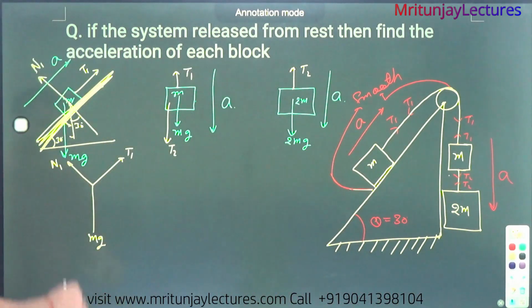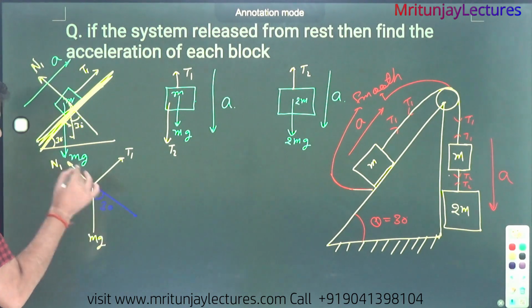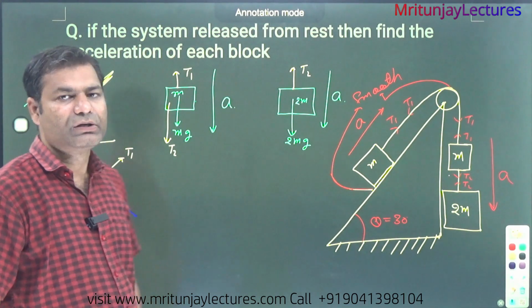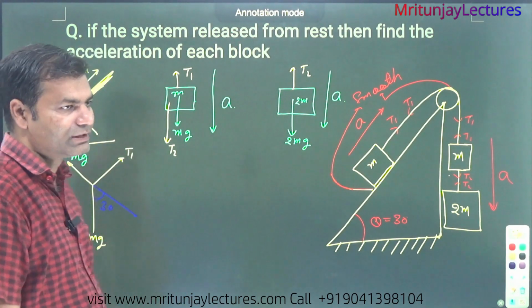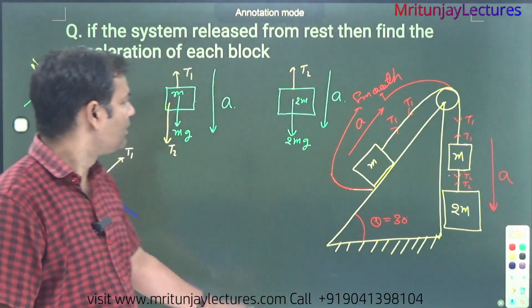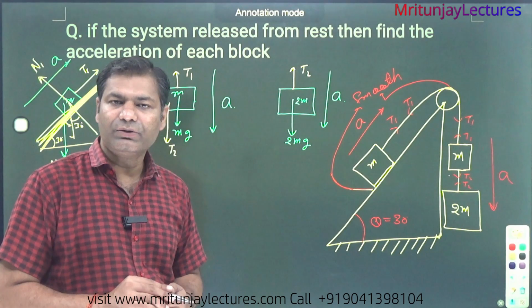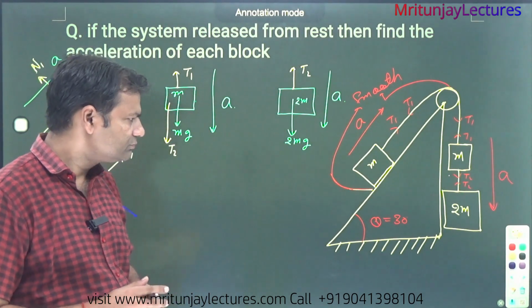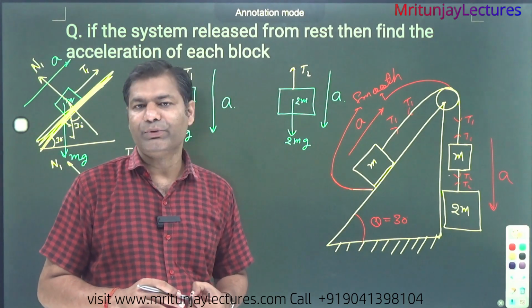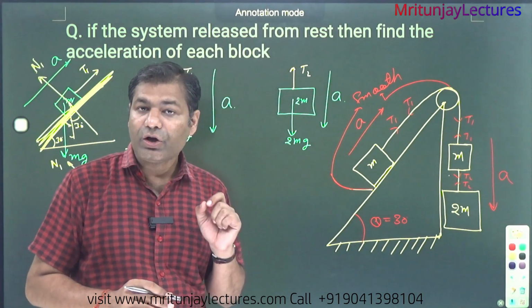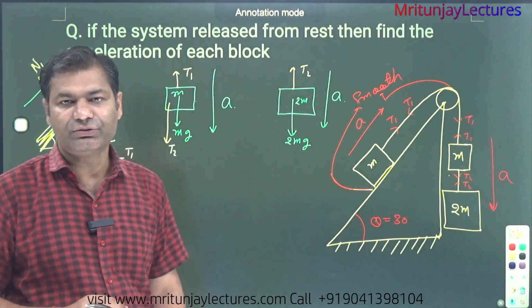So our next target is to focus on the vertical component and horizontal component corresponding to the M mass. We have already discussed that we choose the component in the direction in which net force is 0. In which direction is net force 0?